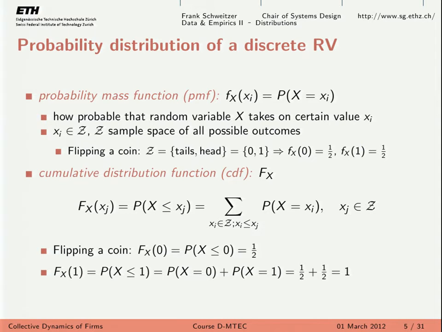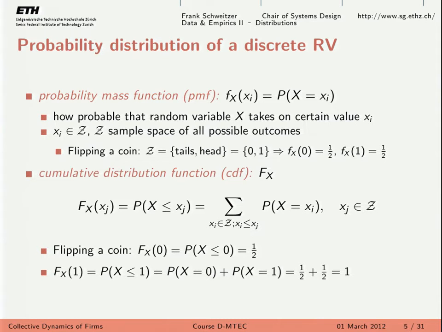Okay. What is the information we get from the probability mass function? It tells us how probable it is that I find a given value x_i that is a realization of the random variable X. That means the small f(x) gives me the probability, more or less, that the random variable capital X has exactly the value x_i.